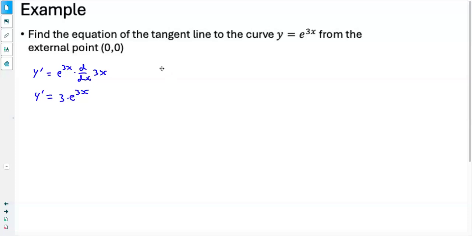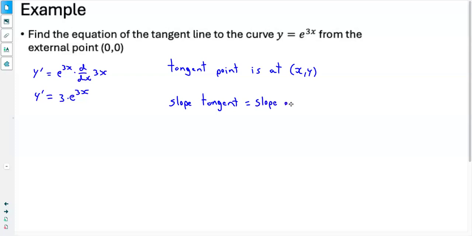Now I'm going to refer to the tangent point as x, y. And we know that the slope of our tangent equals the slope of our line at x, y.